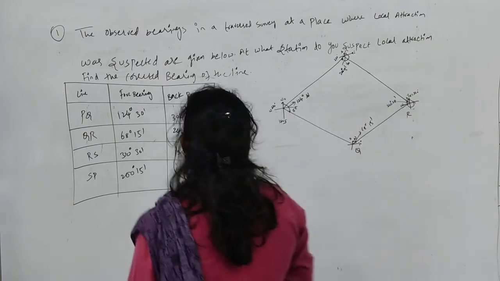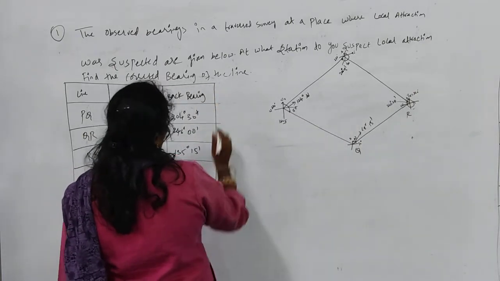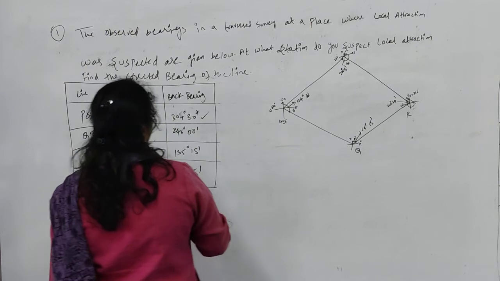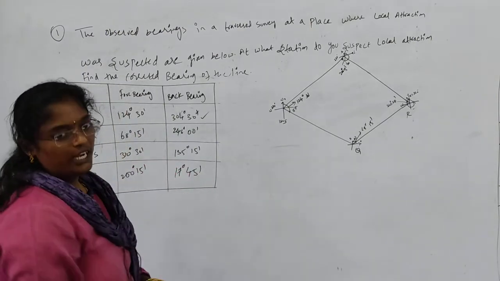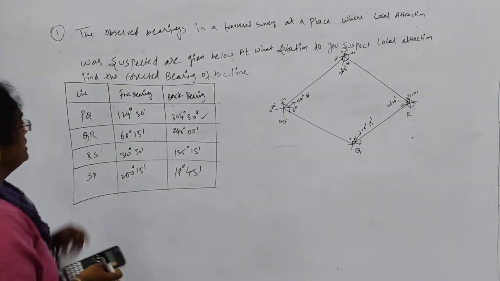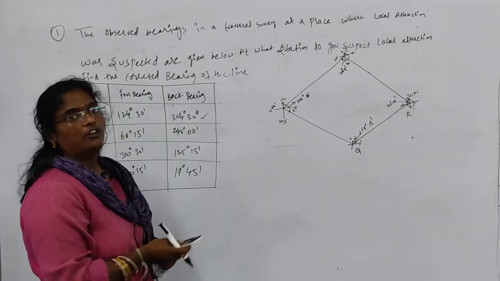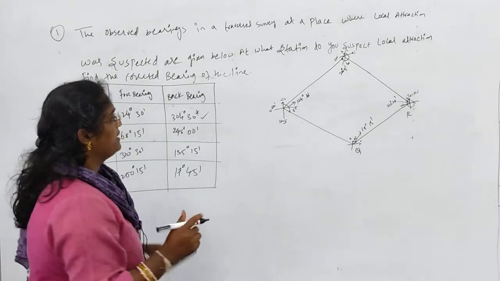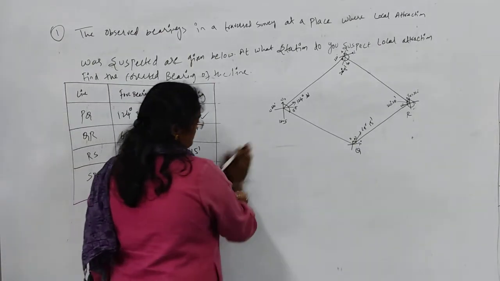Now see everyone, this station is free from local attraction. This station is free from local attraction means, now tell me, if I touch this point, you will not be getting anything, right? Make a note here.